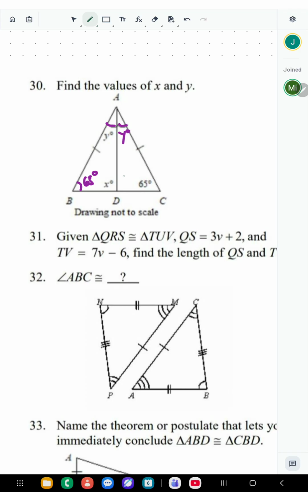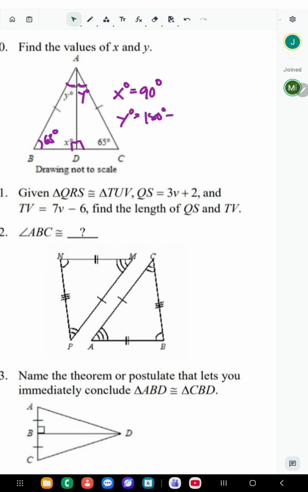X should be 90 degrees. Then y is 180 minus 90 minus 65. What is that? I got 25 degrees.